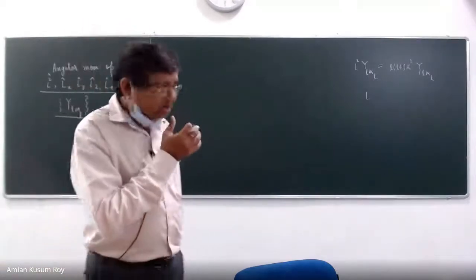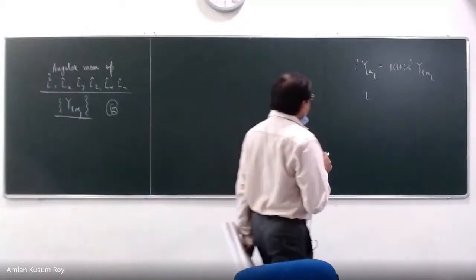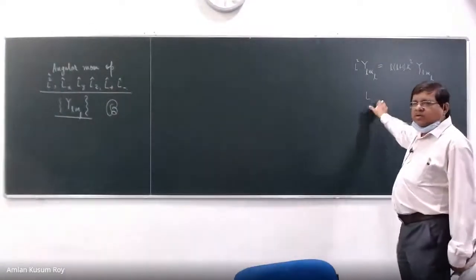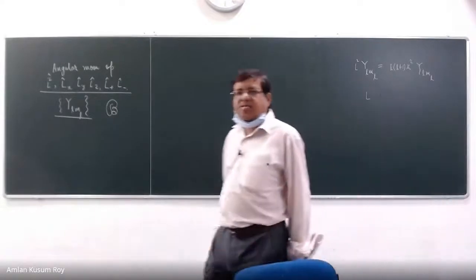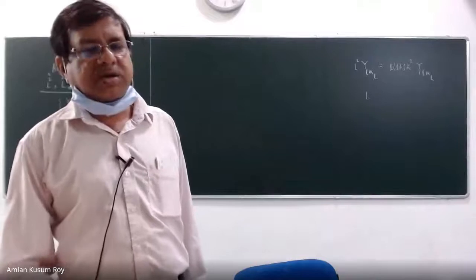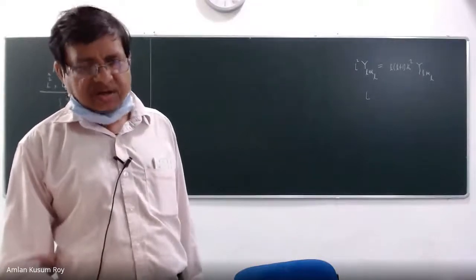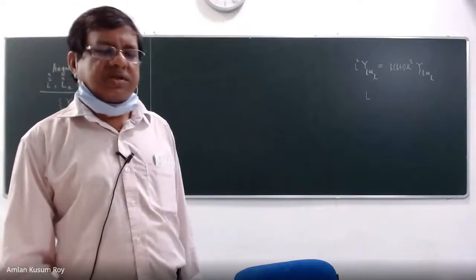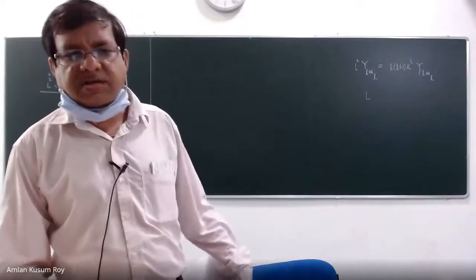There is some confusion. What is the definition of the matrix element? In order to write the matrix, you have to write the matrix elements. You cannot write a matrix without knowing the elements. So my fundamental question is where is the matrix element?